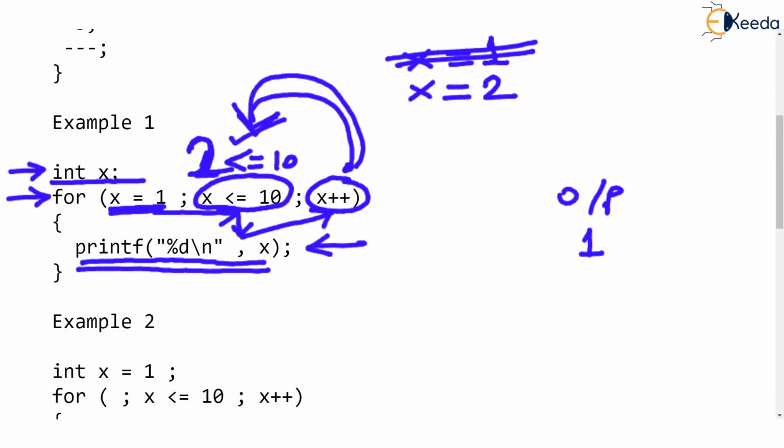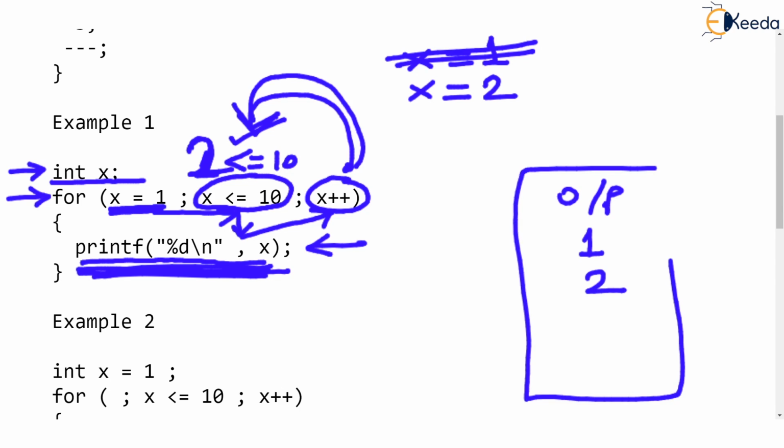The condition is true. Hence, the printf statement inside the for loop will run and print the value of x, which is 2. So in the output, at the moment, we have 1 and 2. After printf, the control goes to x++ again. So x, which was 2, will now become 3. x is increased by 1.